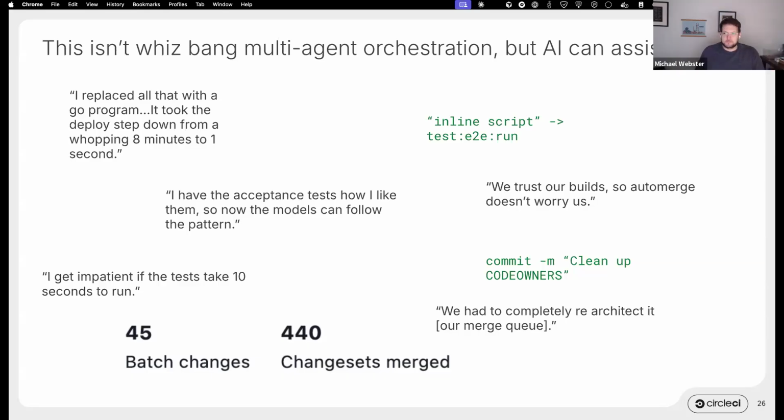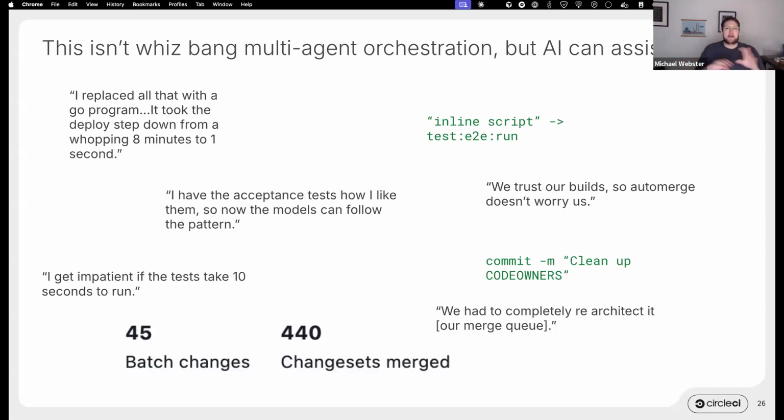Investing in tools to automate changes across all of your code bases so that you can keep things consistent. Making sure the right people are included in a pull request review instead of just blindly saying, "Here's a code owner's file." This is all fairly basic stuff. AI can help, right?